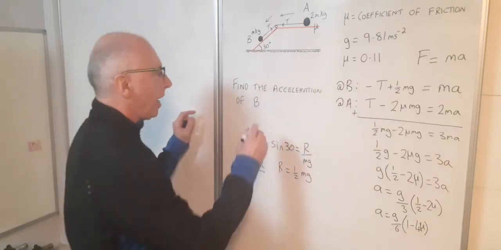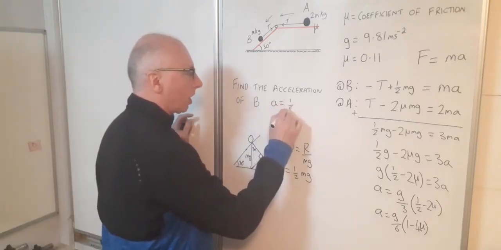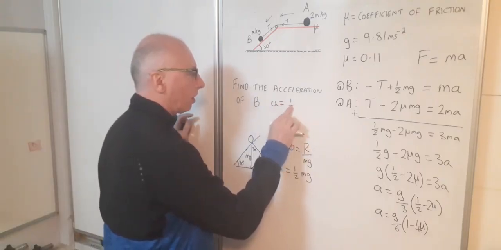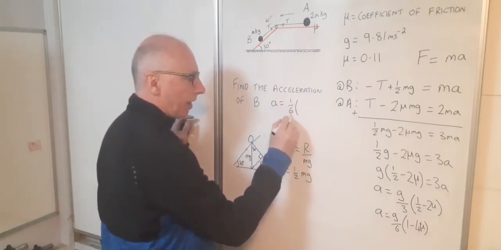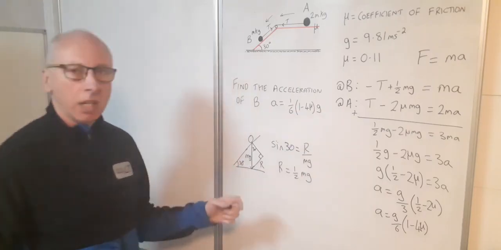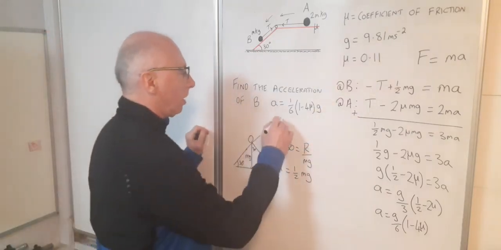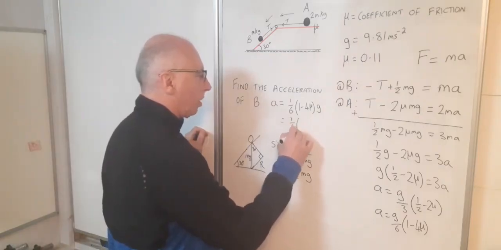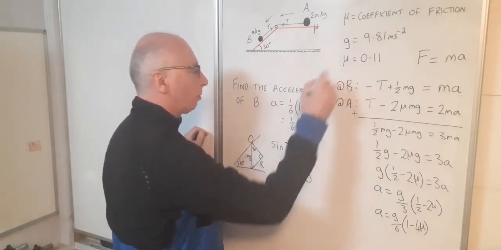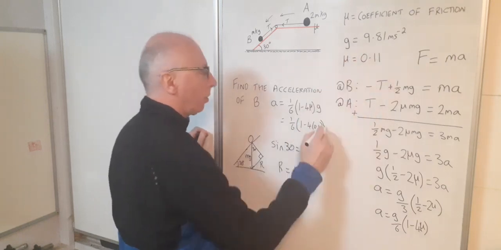So if I put that in there, we can then solve for what that value is. So I've got 1/6, and then I've got 1 minus 4 mu, times all that by g. Let's plug in my g and my mu from what we got here. So I've got 1/6, 1 minus 4 times 0.11, and then g is 9.81.